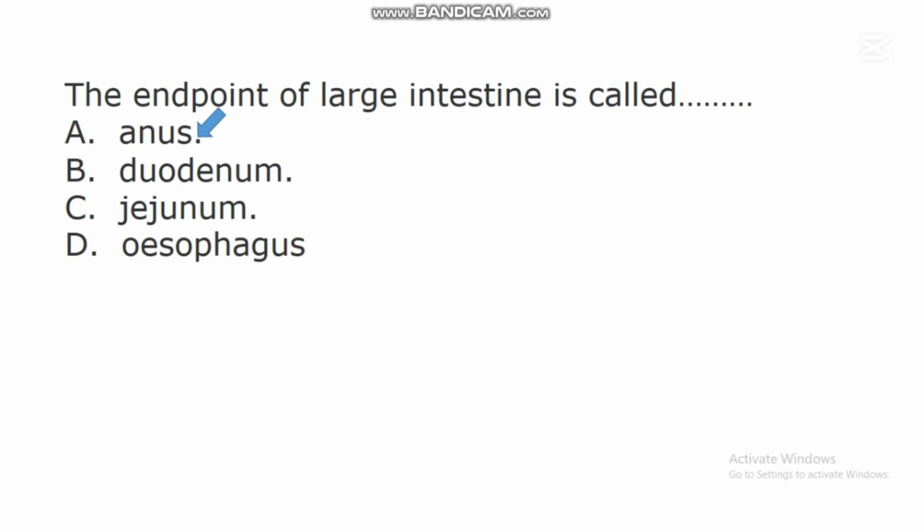The anus is the end point of the large intestine. It is the last part of the large intestine that helps in the exit of excretory waste material. So the end point of the large intestine is called the anus.